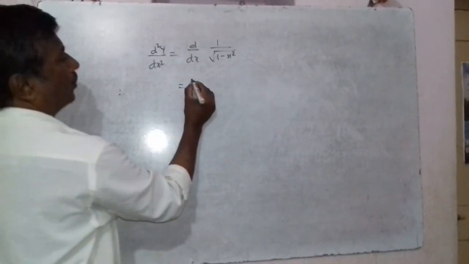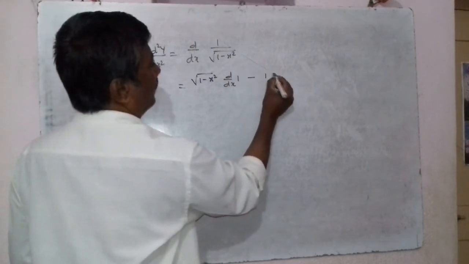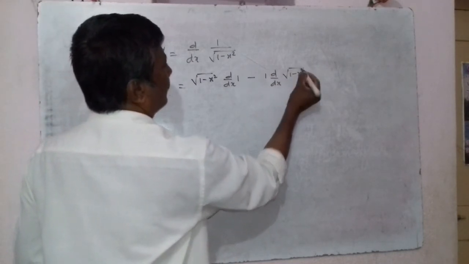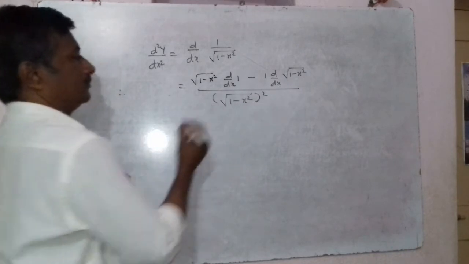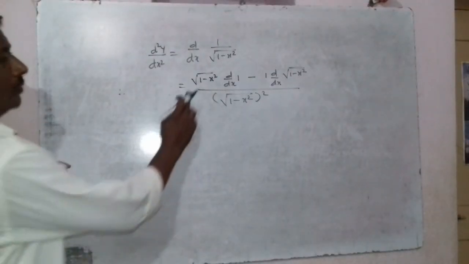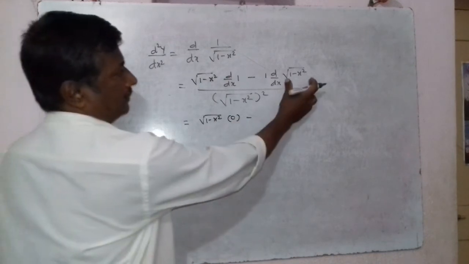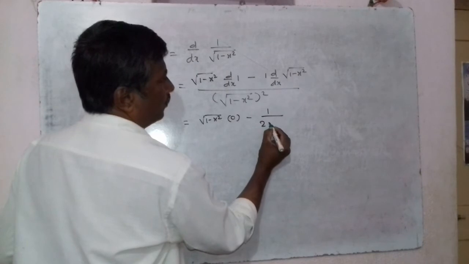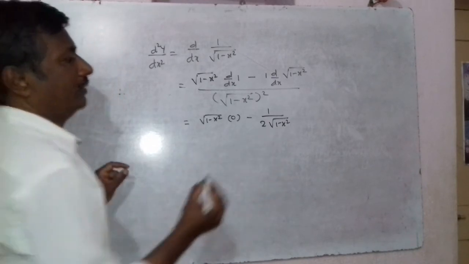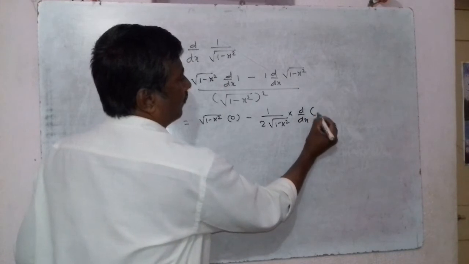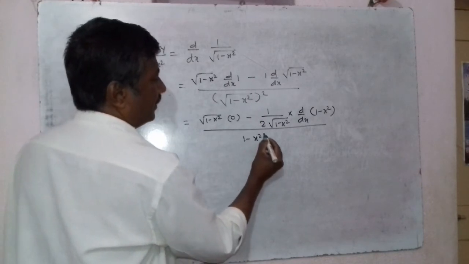So this equals root of 1 minus x square times d by dx of 1, minus 1 times d by dx of root of 1 minus x square, divided by root of 1 minus x square, whole square. The derivative of the constant is 0, minus, this is a composite function, 1 upon 2 root of 1 minus x square into d by dx of 1 minus x square, divided by 1 minus x square.